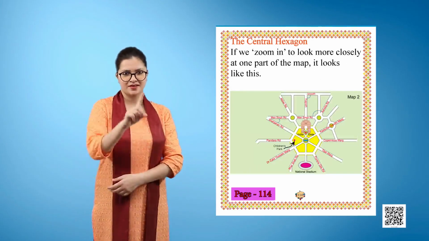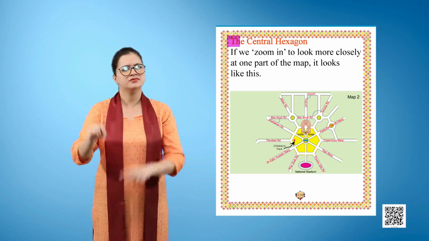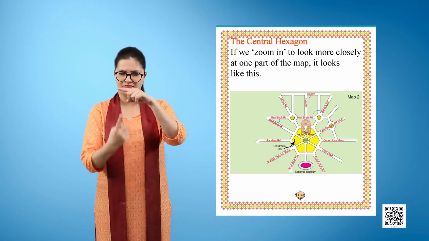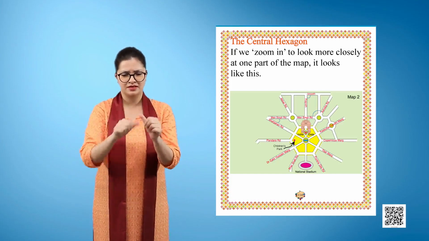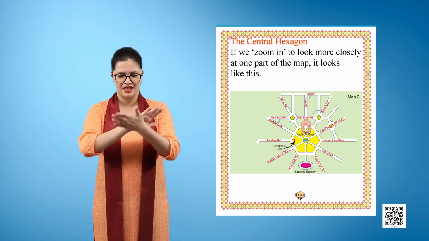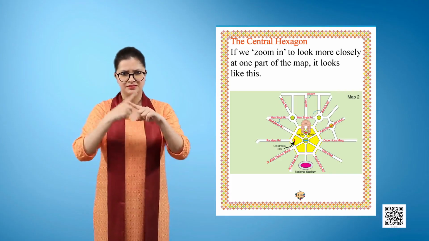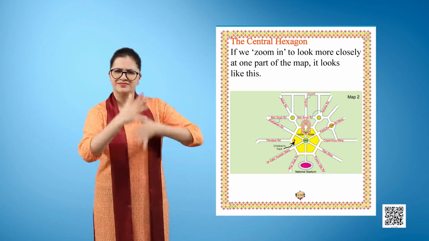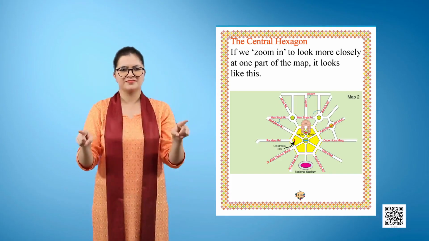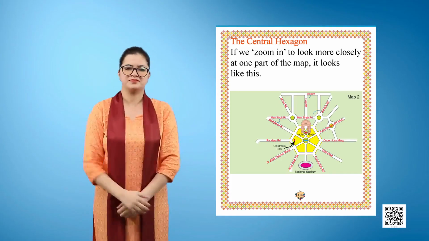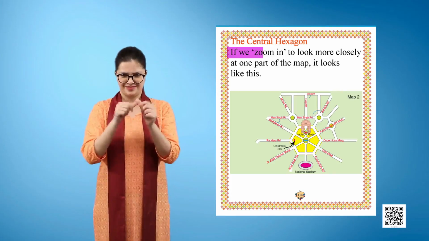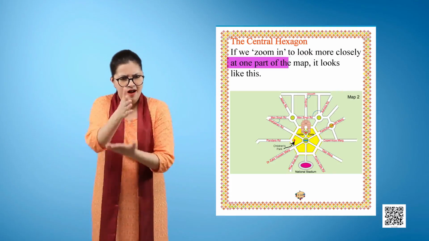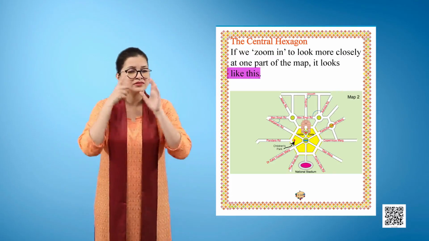Page 114. The Central Hexagon. If we zoom in to look more closely at one part of the map, it looks like this.